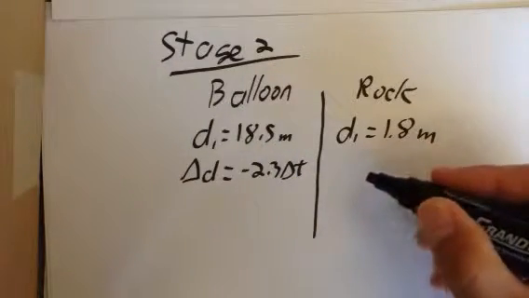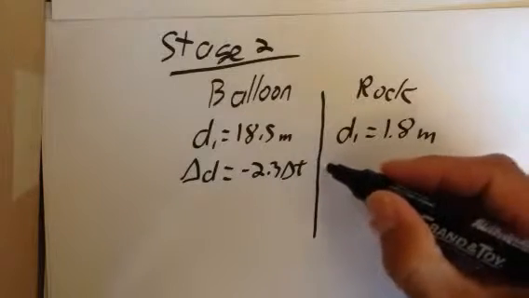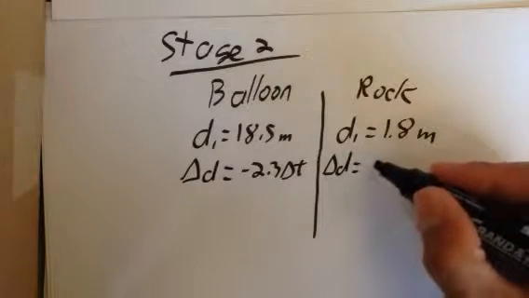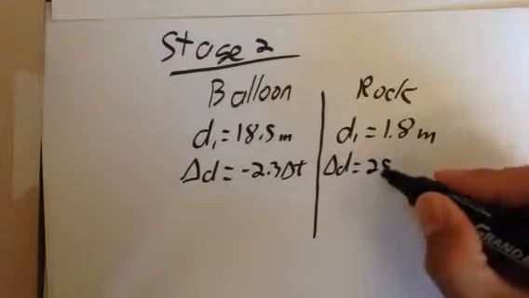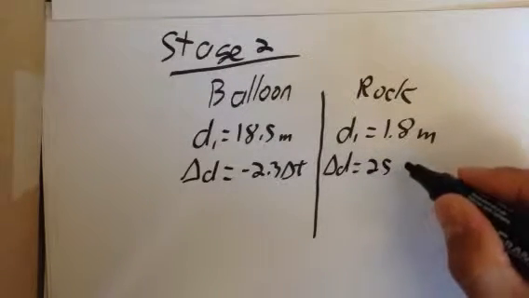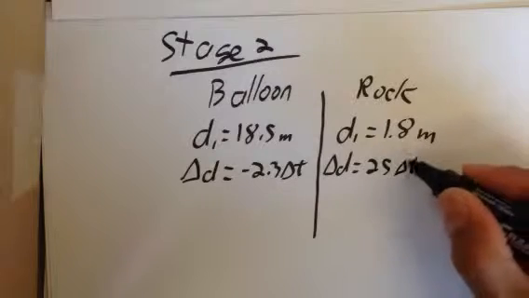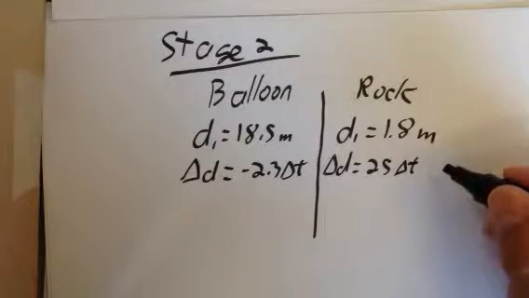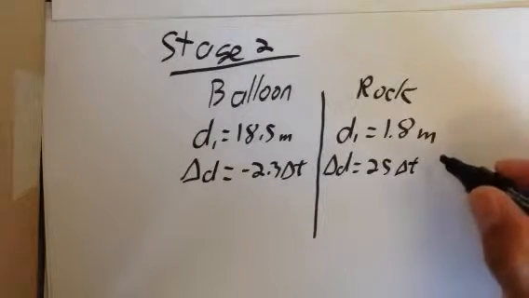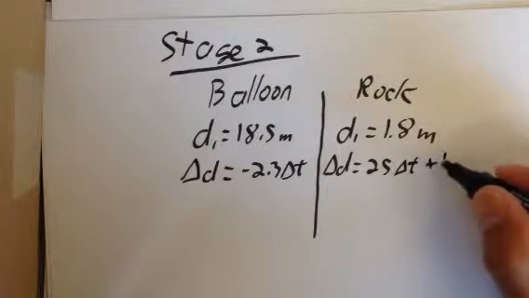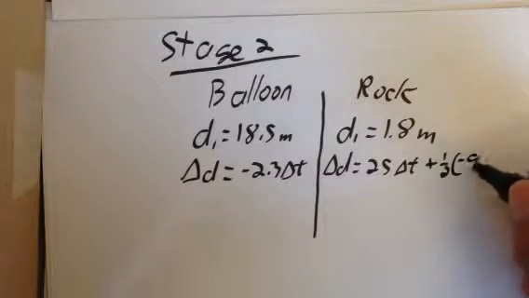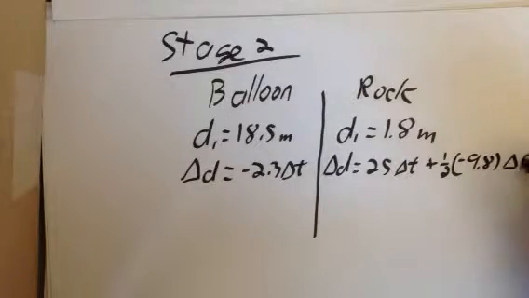The rock, however, is in free fall, so its displacement is equal to its initial velocity, which is 25 meters per second times time, plus half acceleration times time squared, which is in this case plus half of negative 9.8 delta t squared.